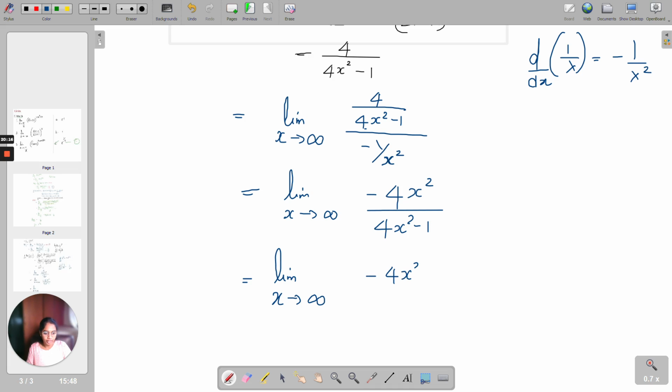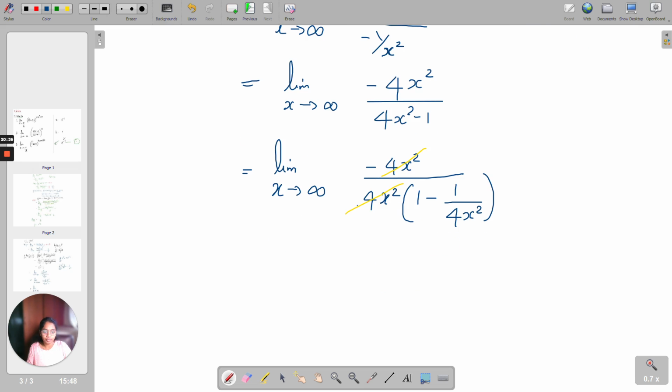If I take that as common, I would get 1 minus 1 divided by 4x square. Okay, so as you can see, from the numerator, 4x square and the 4x square in the denominator gets cancelled.